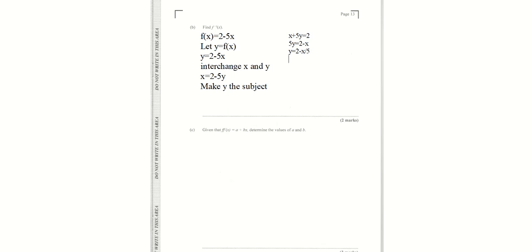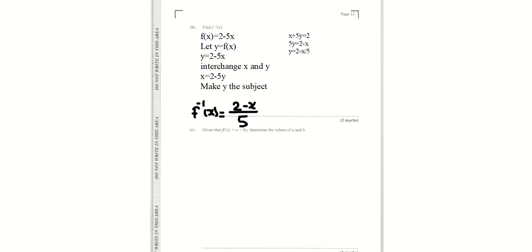So therefore, our f inverse of x is equal to 2 minus x all over 5. Let's see if I can do this in pen. So f inverse x is equal to 2 minus x all over 5. Again, f inverse x is 2 minus x all over 5.